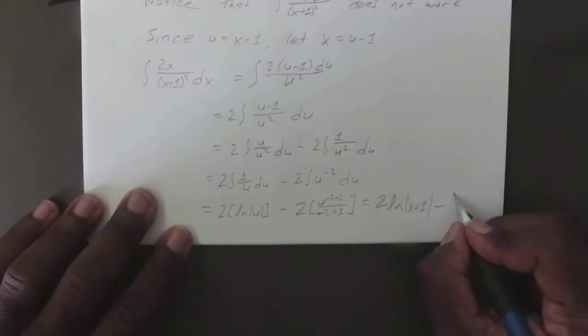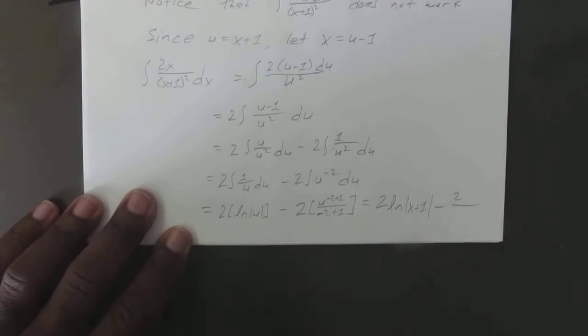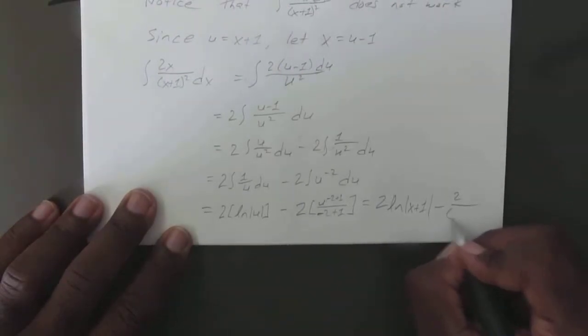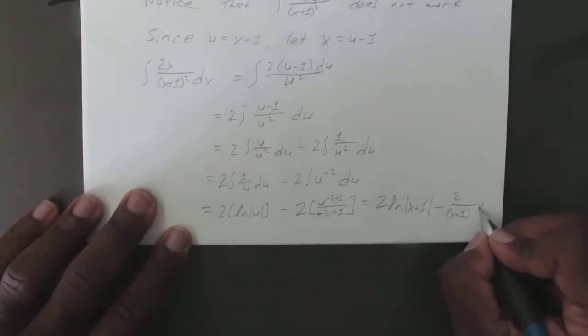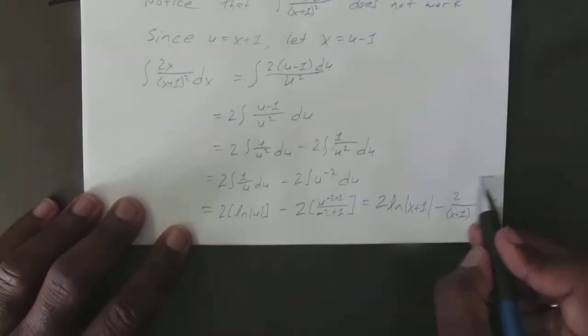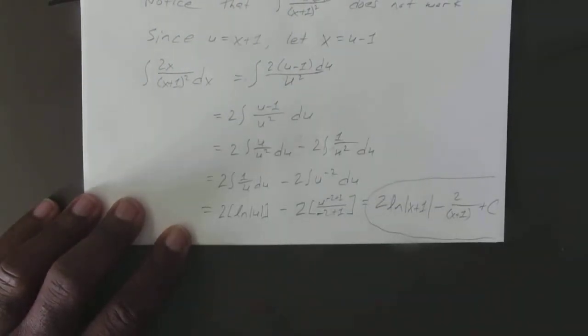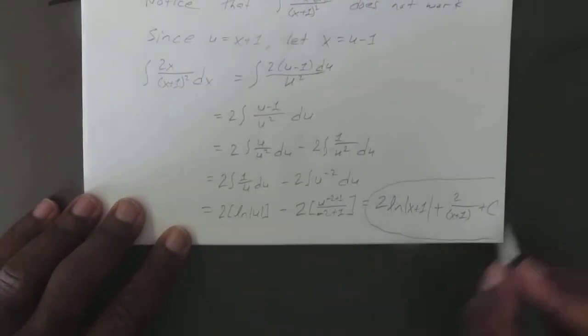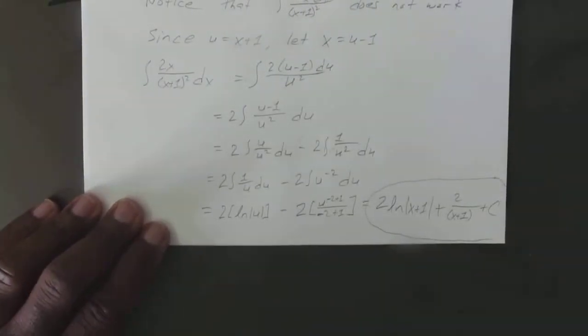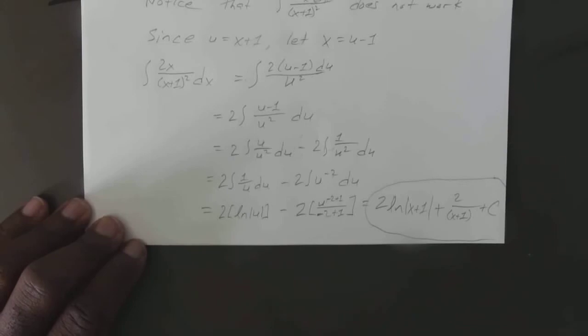Minus 2 times u to the negative 1, so that would be x plus 1 in the denominator, plus c. Plus 2 over x, yep, plus, thank you, because it was already minus.